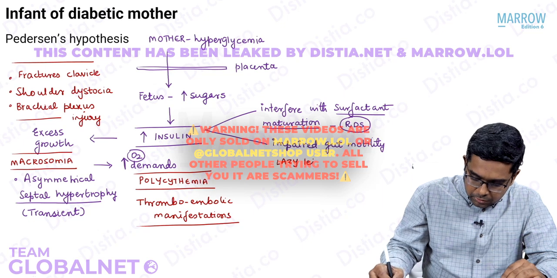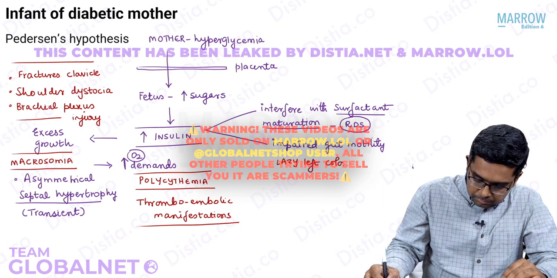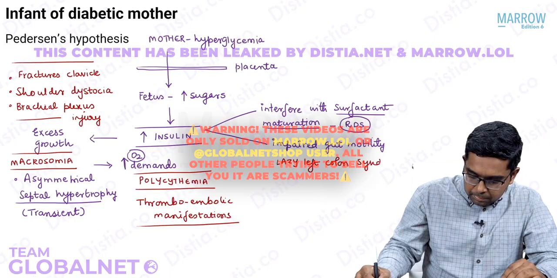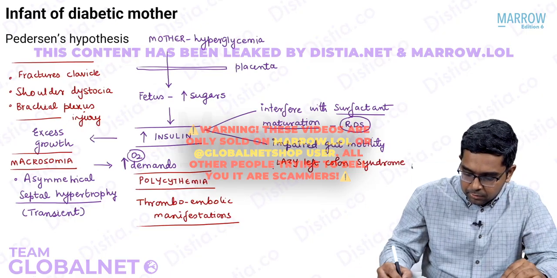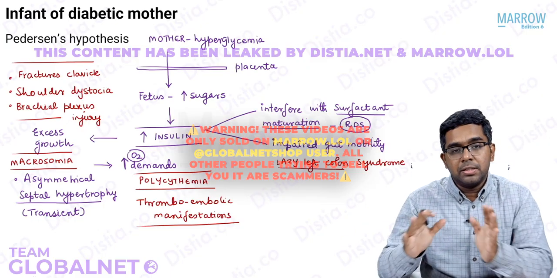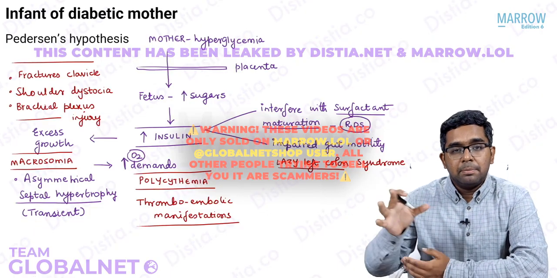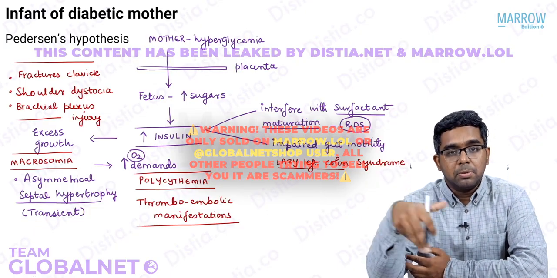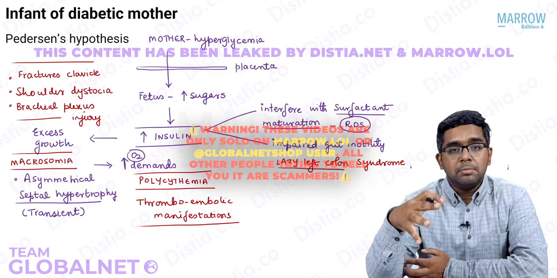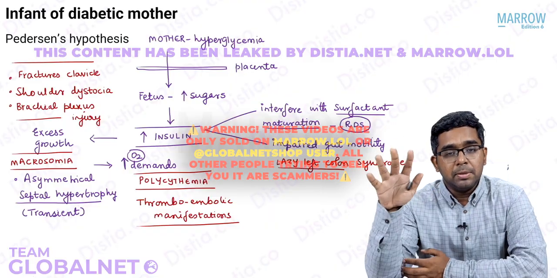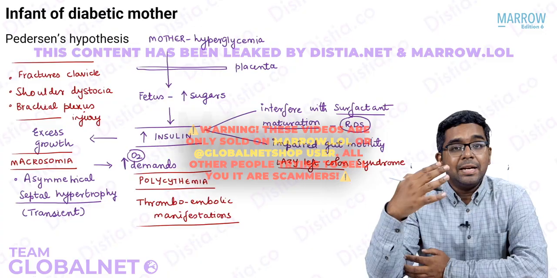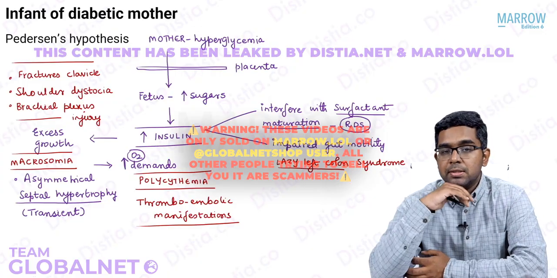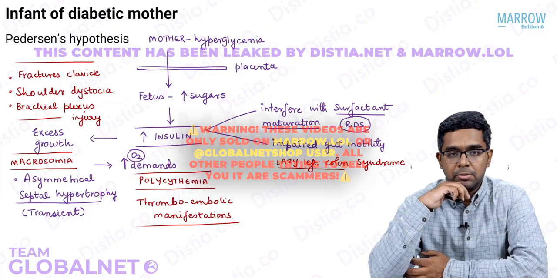The left part of the colon is not working properly. So what happens? The meconium, which is supposed to come out of the colon, may not come out in the required time. So the baby can present as delayed passage of meconium due to this lazy left colon syndrome.